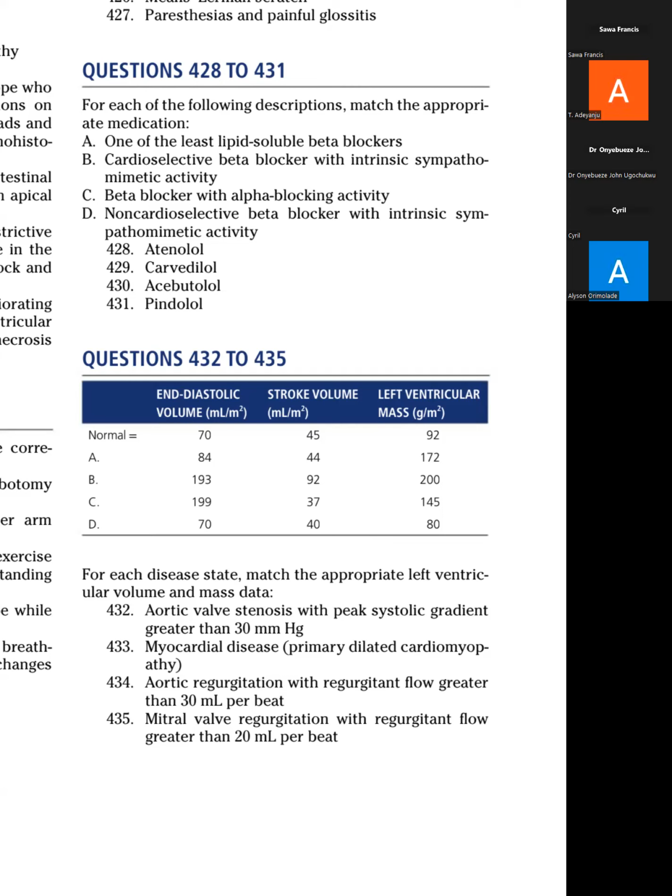Stroke volume is 45 ml per meter square. And left ventricular mass as 92 grams per meter square. A, we have end diastolic volume as 84, stroke volume as 44, and left ventricular mass as 172.